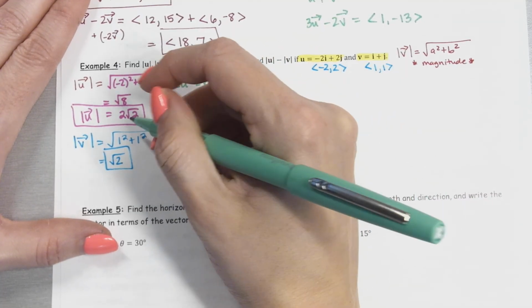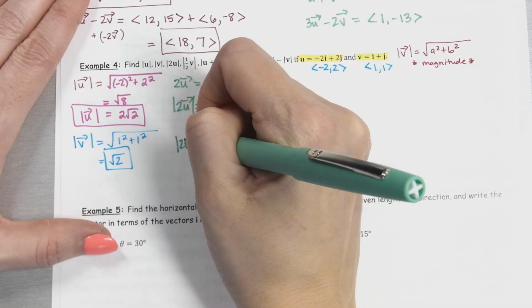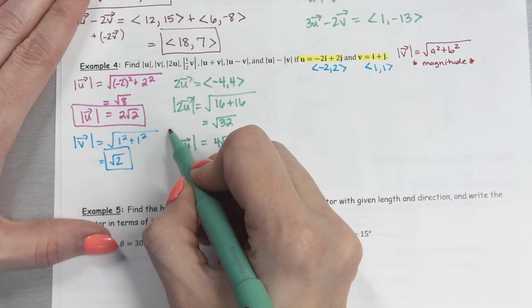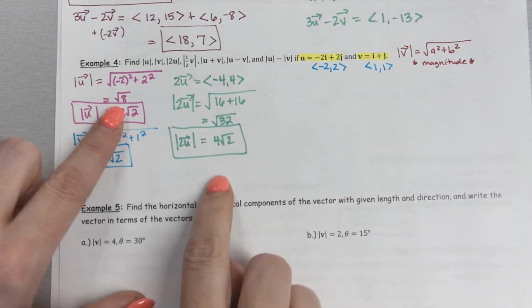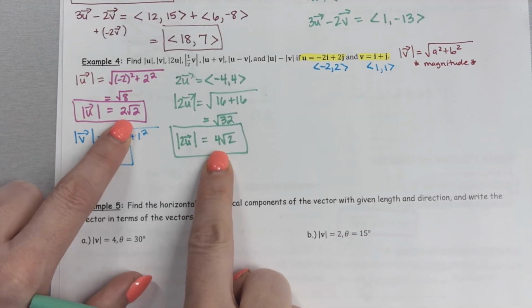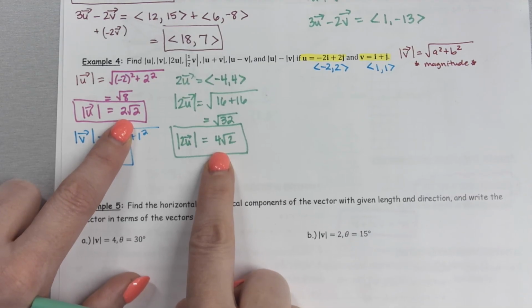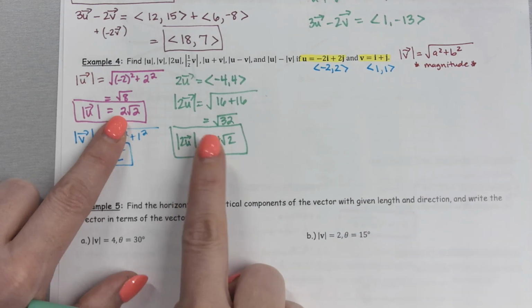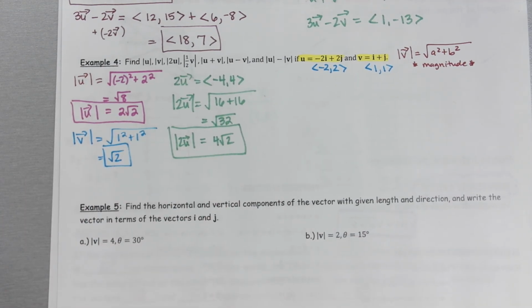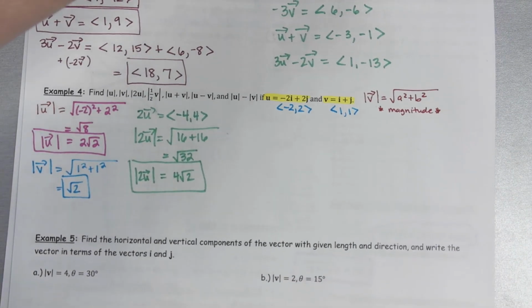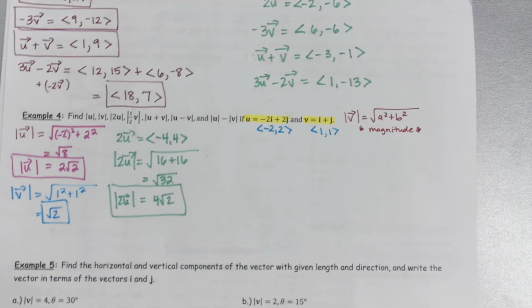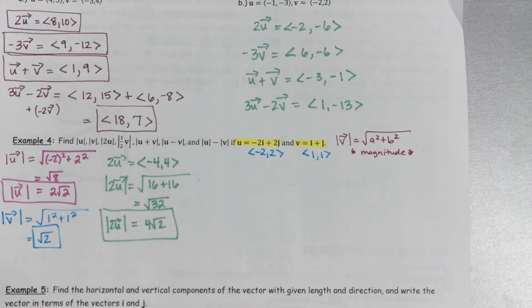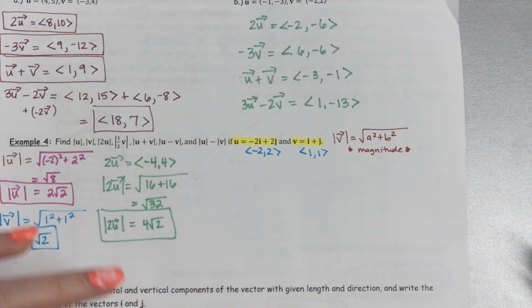Okay, now look at u and then look at the magnitude for 2u. What happened from here to here? Just multiply by 2. So if you want, you can take a shortcut, right? If you have 2u, you can just multiply that by 2. Okay, and that would be fine. All right, so we can use that with the 1/2 v as well.